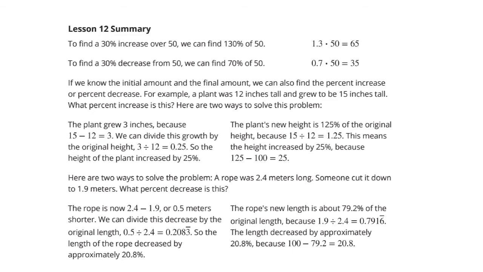It's about 20 8/10%. Or the rope's new length is about 79 2/10% of the original length because 1 9/10 divided by 2 4/10 is this funky decimal. Subtract that funky decimal from 100 and you get 20 8/10 that way.